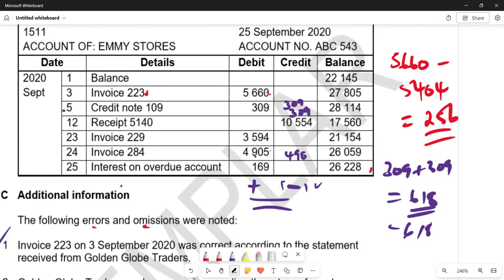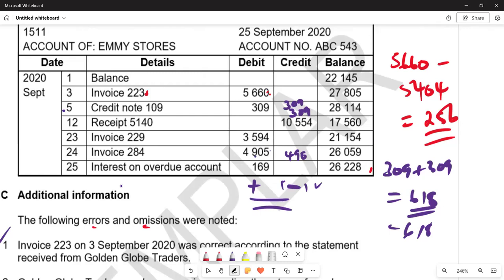So we go to the last part of the question, which is information 7, which reads Golden Globe Traders have correctly charged interest of 169 rands on the account. So it means the statement is correct.